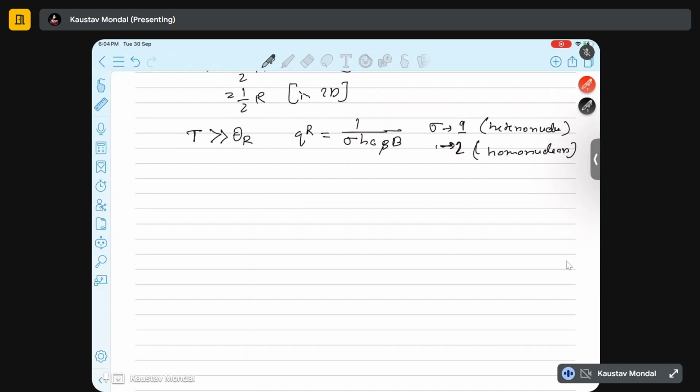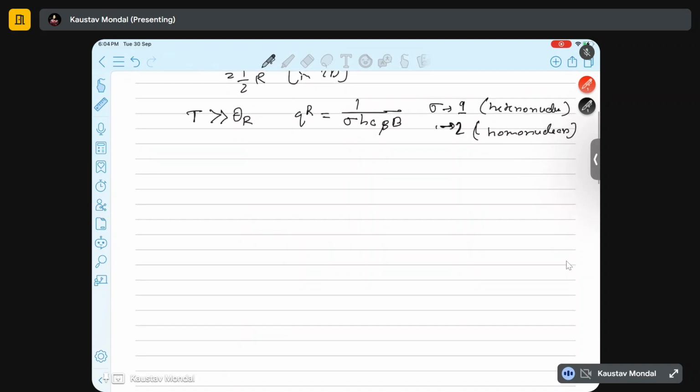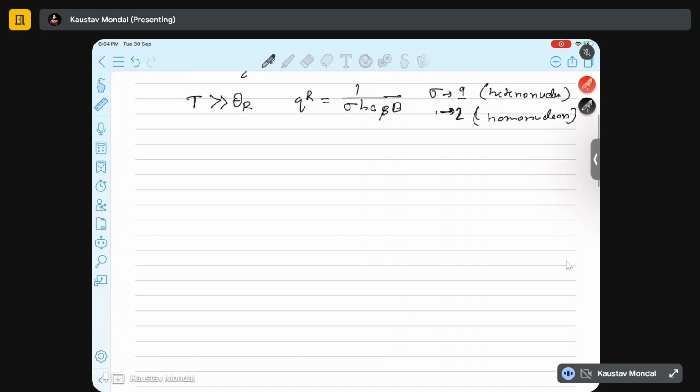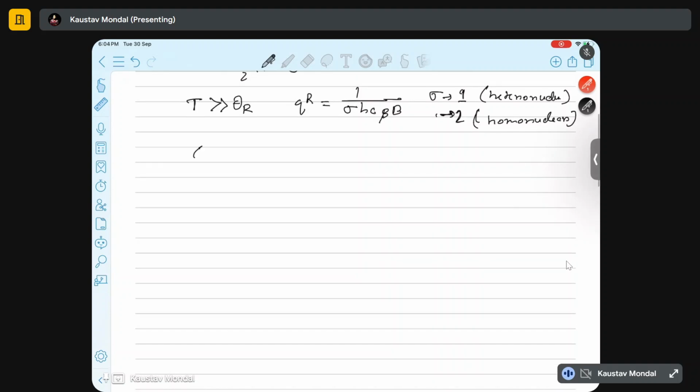Now if you know QR, from there you can calculate the internal energy, because in order to calculate the specific heat at constant volume, you need the expression of internal energy. The internal energy U minus U0 per molecule is basically the average energy ER.